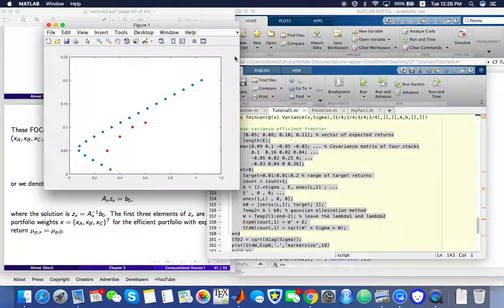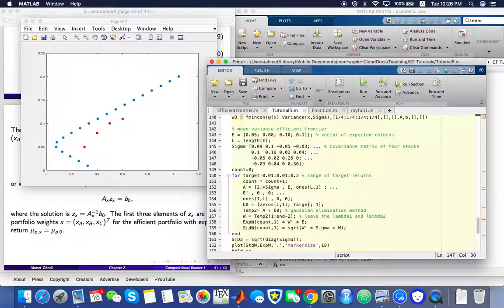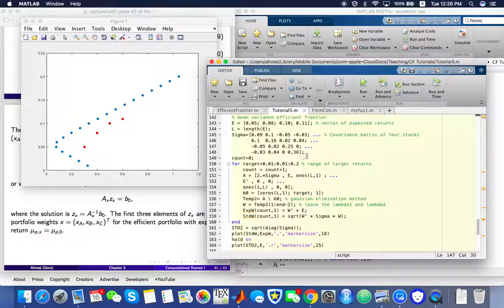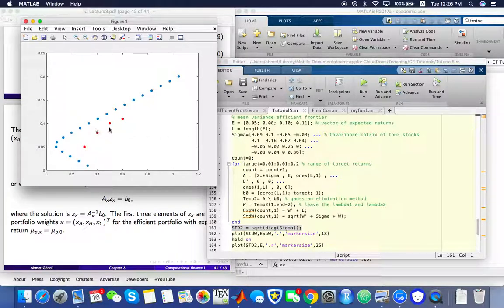Because if you remember, we had this covariance matrix, and the diagonal terms of this original covariance matrix give us the standard deviations of these 4 assets that we started with. So now, using the combination of these 4 assets, by finding these optimal weights, we can achieve these blue points, which are obviously better than these red individual assets, right?